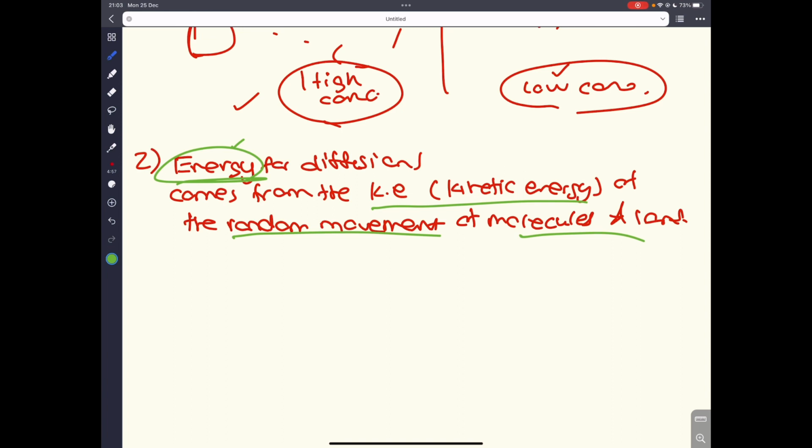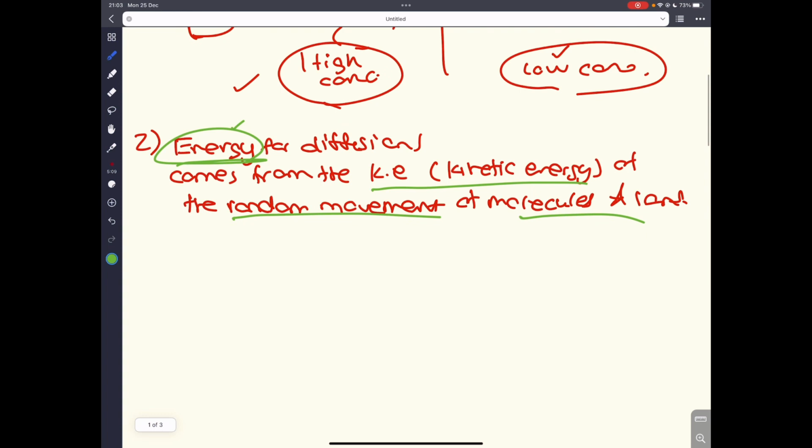So when particles move from a higher concentration to a lower concentration, they do move, and therefore this kinetic energy is providing for diffusion to be able to take place. That's essentially the same idea, and you have to know that the energy for diffusion comes from the kinetic energy of the molecules that are moving randomly.